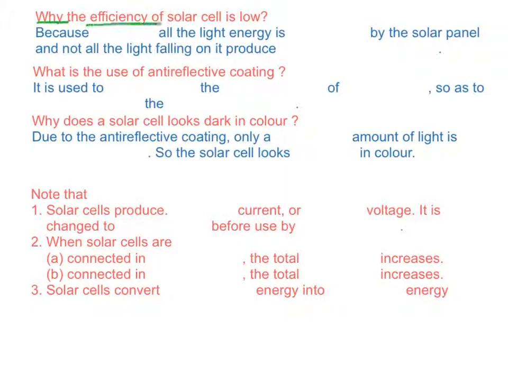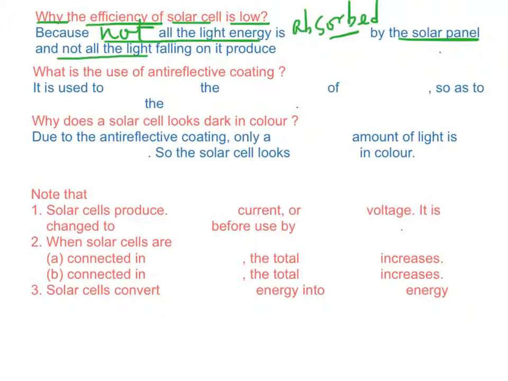Why is the efficiency of a solar cell so low? Because not all the light energy is absorbed by the solar panel, and not all the light falling on it will produce free electrons.